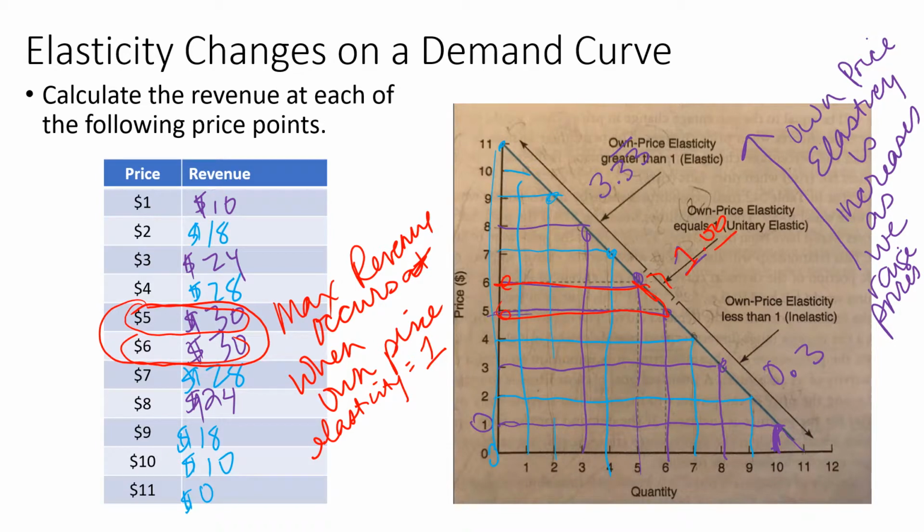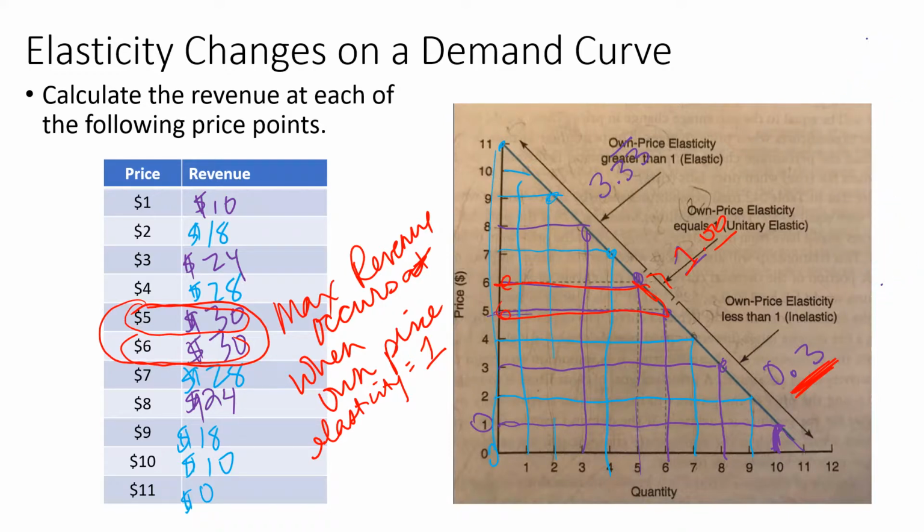That also means that if our own price elasticity is less than 1, so here our own price elasticity is less than 1, we want to, let me actually write this down for you. This is important, you can write it down too.